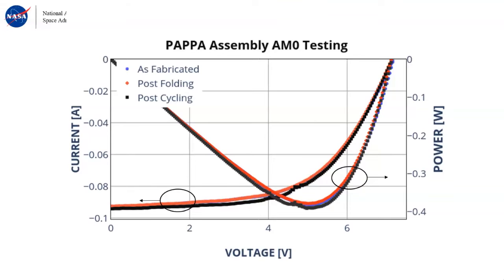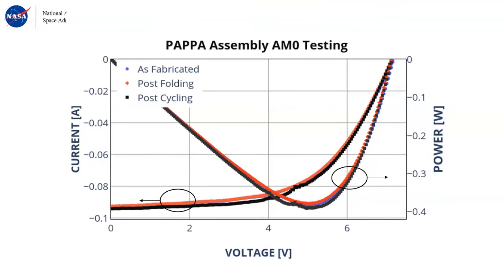We have as fabricated in blue, post that folding and unfolding in red, with essentially no difference between the two. And then post cycling in black. We actually did some thermal cycling on these, which is the highest risk environment, and I'm going to talk about that on the next slide.